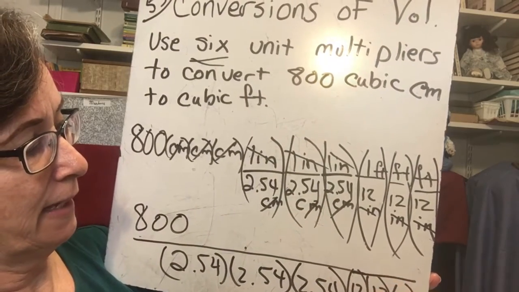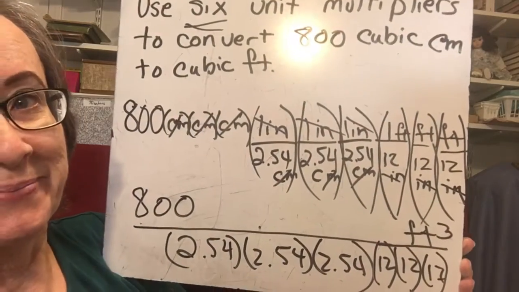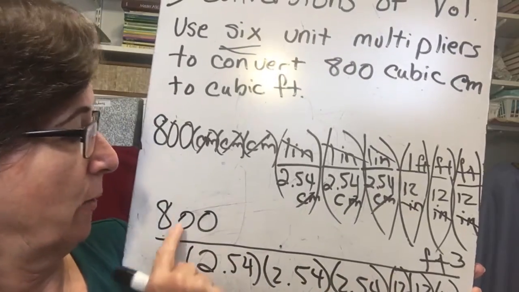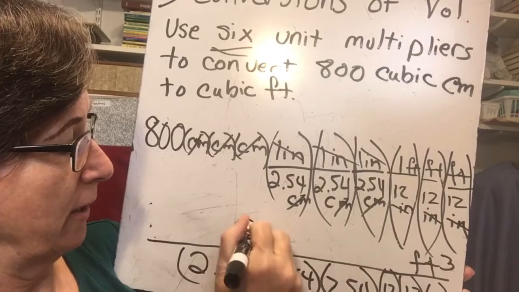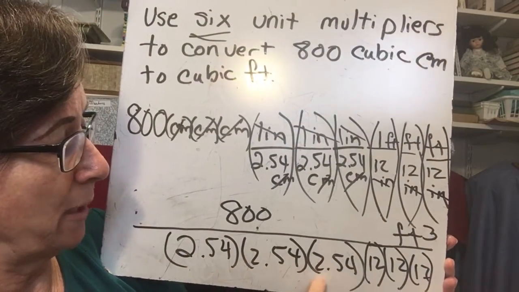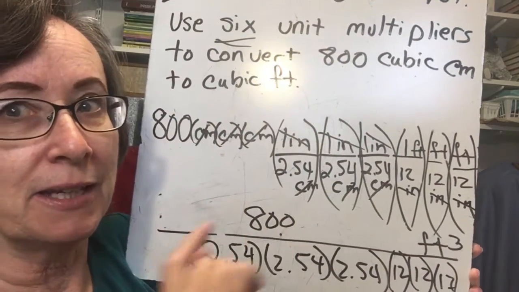And then feet cubed is my unit. So I would really put feet cubed outside, but I have such a long expression. We'll put the 800 a little bit better in the center. 800 over 2.54 times 2.54 times 2.54 times 12 times 12 times 12. All of that feet cubed.